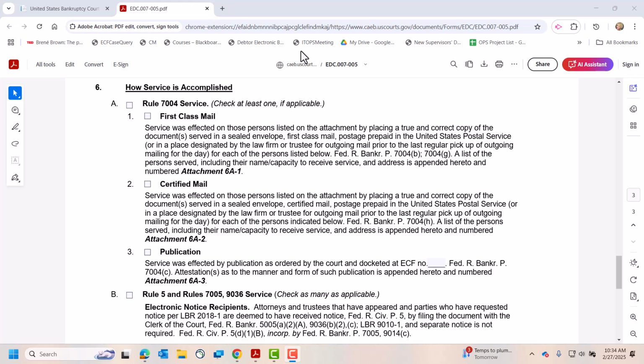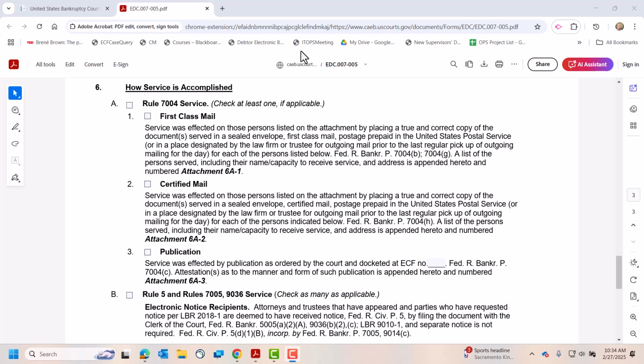Rule 7004 has many very technical requirements, such as the requirement to serve an officer or agent when serving a corporation. Similar, very technical requirements pertain to governmental entities. In contrast, Rule 5 notice is more relaxed.